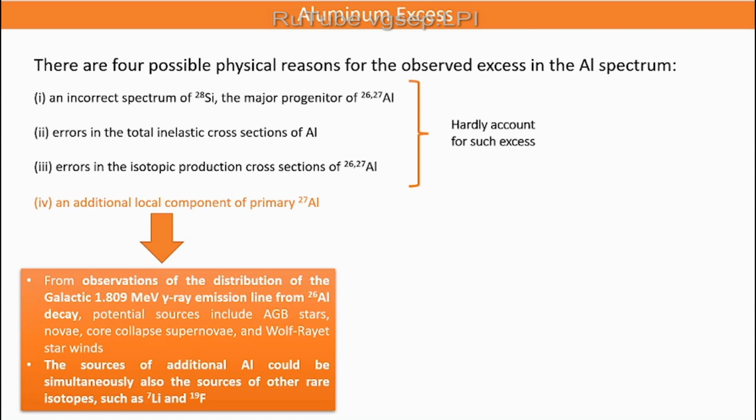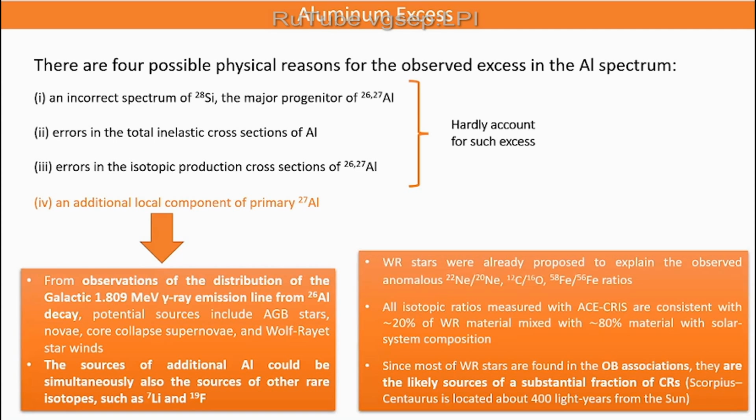And the source of additional aluminum could be, in principle, simultaneously also the source of other rare isotopes, such as lithium and fluorine. And in fact, it has been shown in the literature that Wolf-Rayet stars were already good to explain the observed anomalous neon and iron ratio and so on, and all isotopic ratios measured by ACE are consistent with 20% of Wolf-Rayet material mixed with 80% of solar system composition.